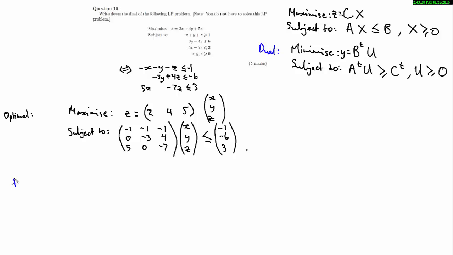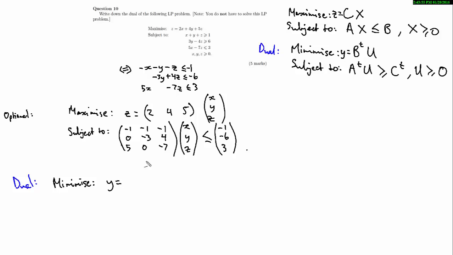Alrighty, now we have this information. Let's go ahead and write out the dual, and that isn't optional. That is something you should definitely write down, given the question. Okay, so let's go ahead and do that. So the dual problem is a minimization problem, as we can see to the right here.